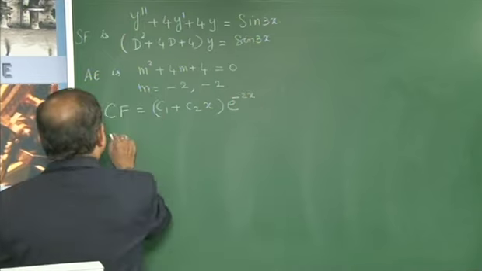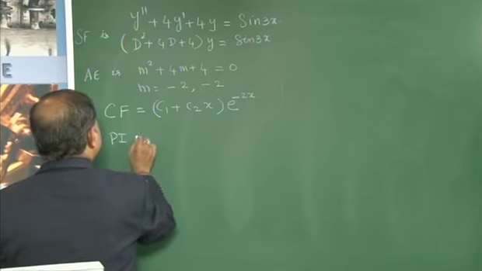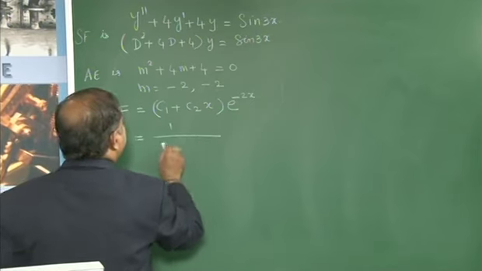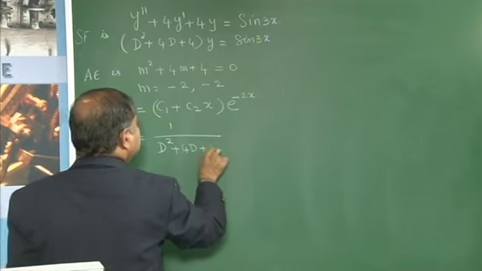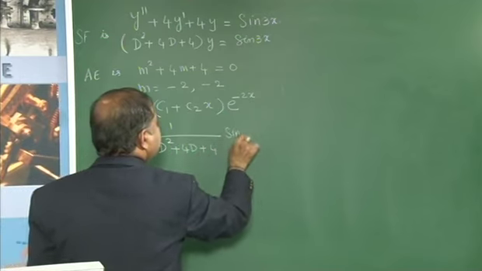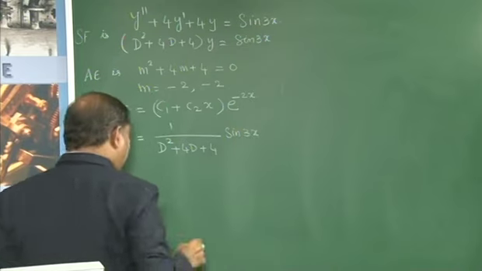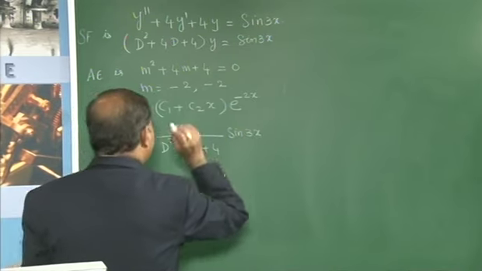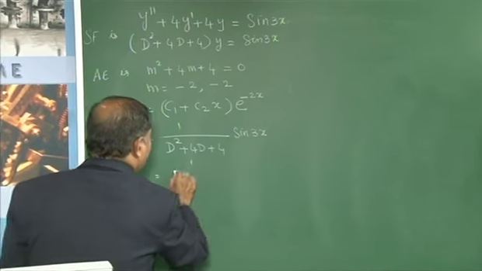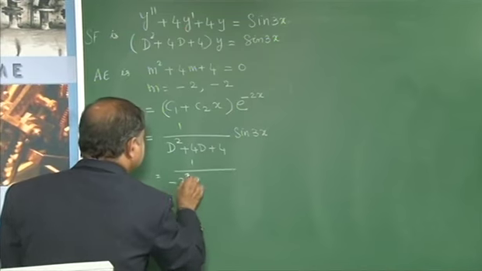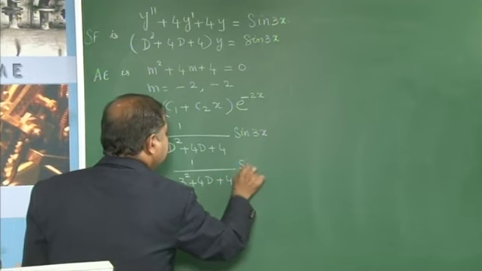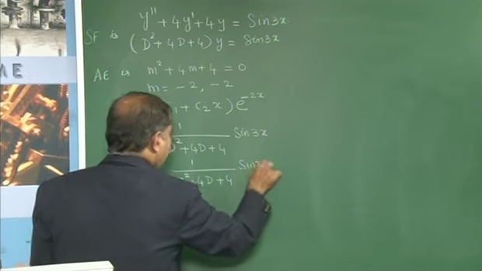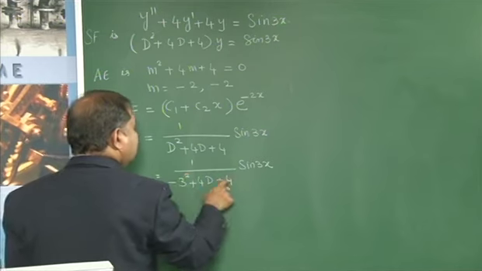Now particular integral: 1 by D square plus 4D plus 4 sin 3x. Replace D squared by minus b squared. So 1 by minus 3 square plus 4D plus 4 sin 3x, minus 9 plus 4.